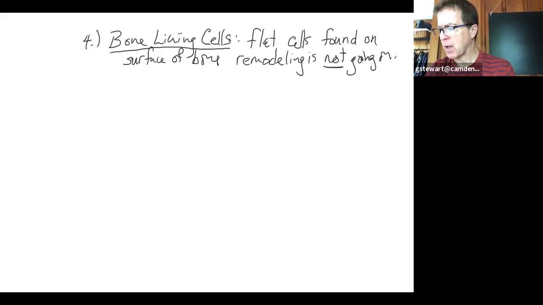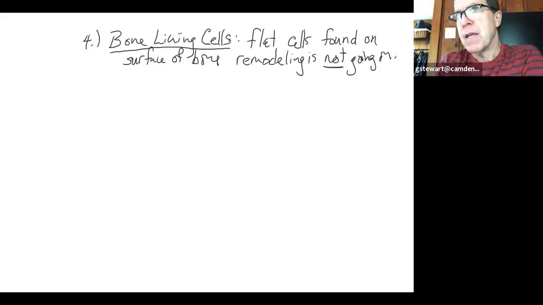They're a maintenance type of cell. They're also sometimes called periosteal cells or endosteal cells because they're found underneath the periosteum and the endosteum. Their main goal is to help maintain bone matrix.